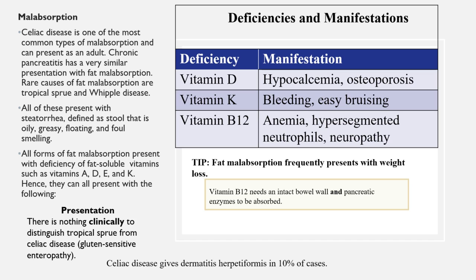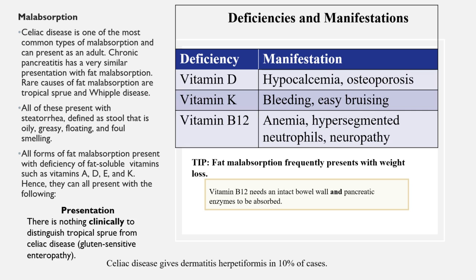For vitamin D deficiency, there are 2 manifestations: hypocalcemia and osteoporosis. Vitamin K deficiency causes bleeding and easy bruising.